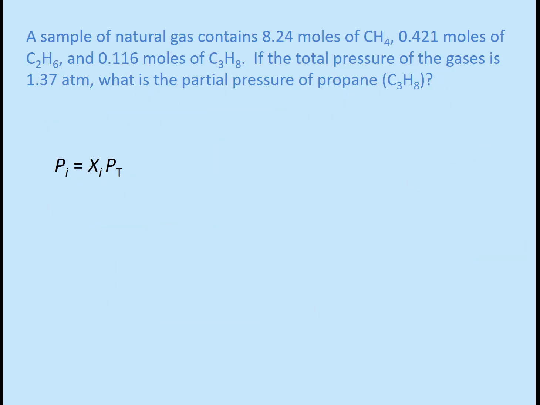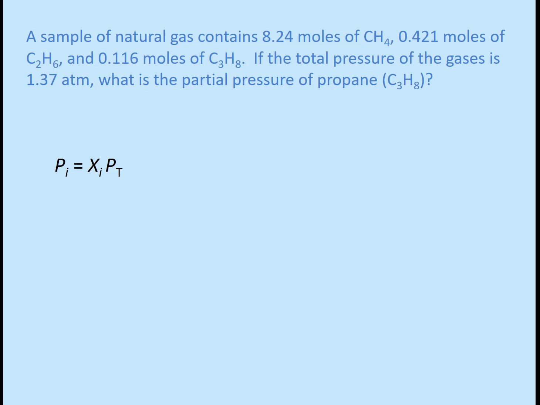So let's do a sample. We have a sample of natural gas, so that is methane gas, CH4, containing 8.24 moles, and we have 0.421 moles of ethane gas. And we also have 0.116 moles of propane gas.